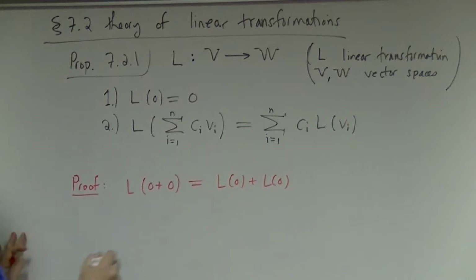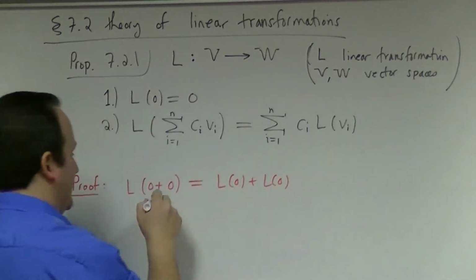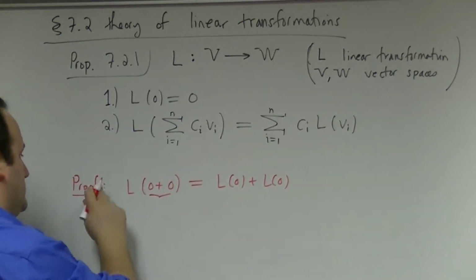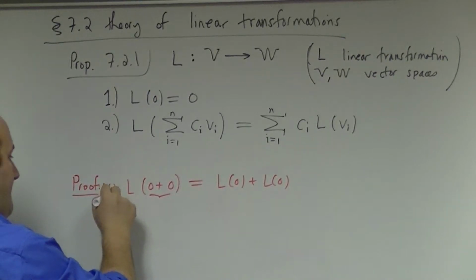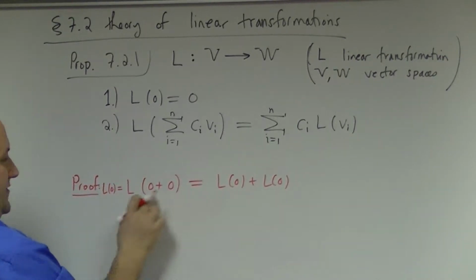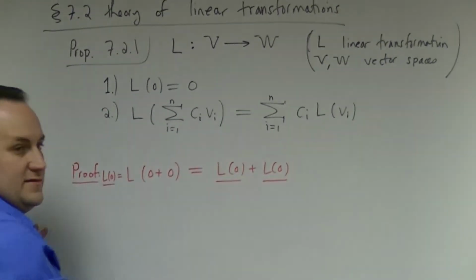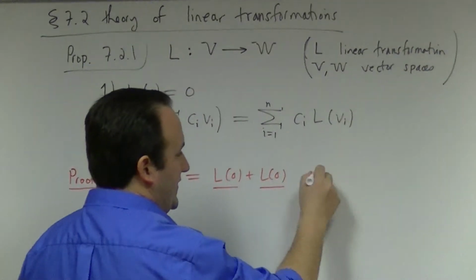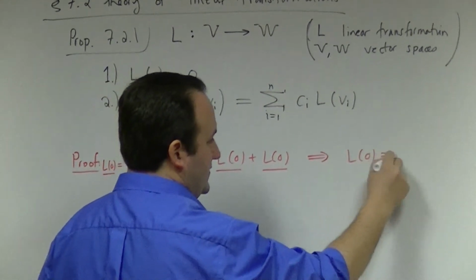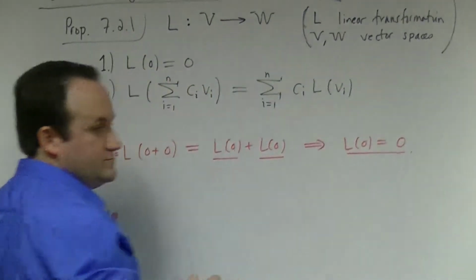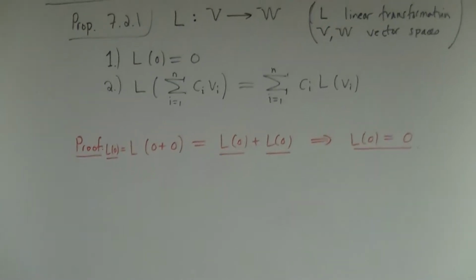But on the other hand, this is 0 plus 0, which is just 0, so it's L of 0. So I have L of 0 is equal to L of 0 plus L of 0. If you subtract L of 0 from both sides, we get that L of 0 is equal to 0. So there's proof 1.